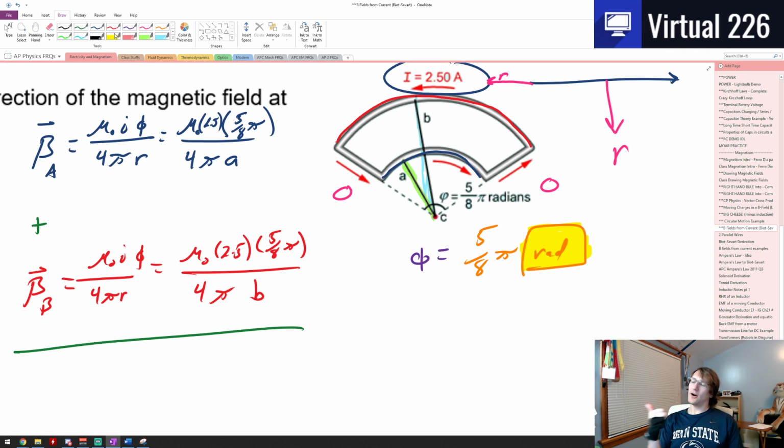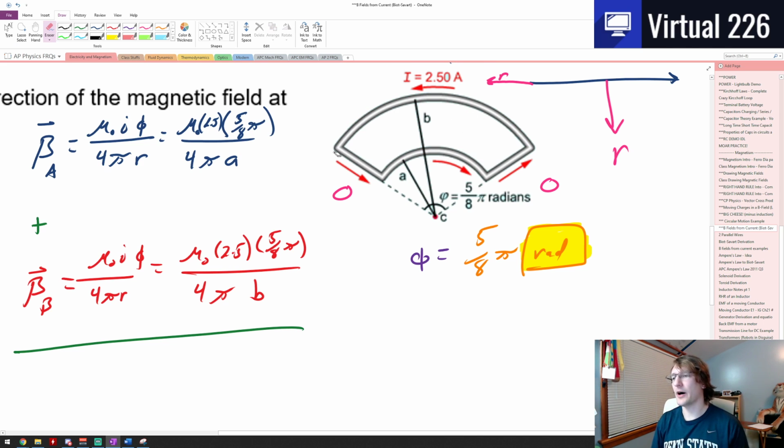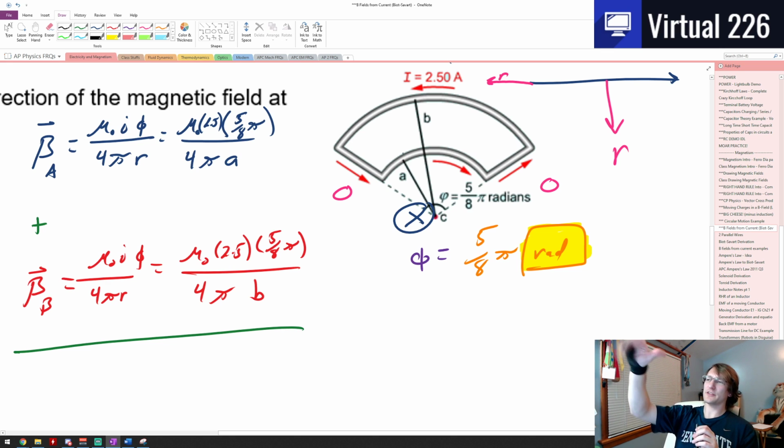If we take our thumb and point it along the current carrying wire, for wire A along the bottom here, underneath wire A as we see it, that B field is going to be pointing into the board. If we do the same thing for wire B going across the top and we roll our fingers around, we're going to see that wire B is coming out of the board.